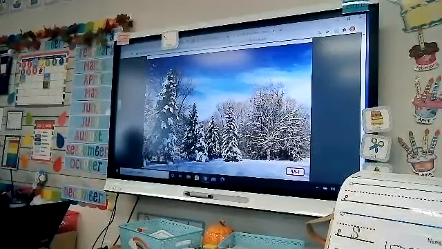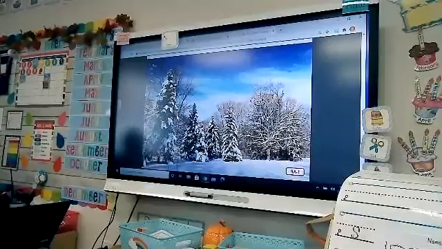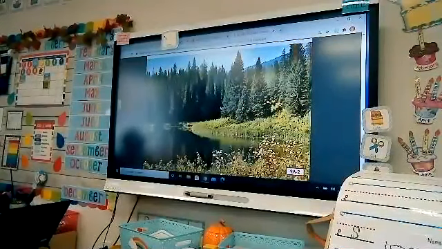I want you to listen carefully to today's lesson about evergreen trees. Listen carefully to learn about the trees and find out how they are different from deciduous trees. The trees in this picture are evergreen trees. Evergreen trees are similar and different to the deciduous trees you learned about earlier.